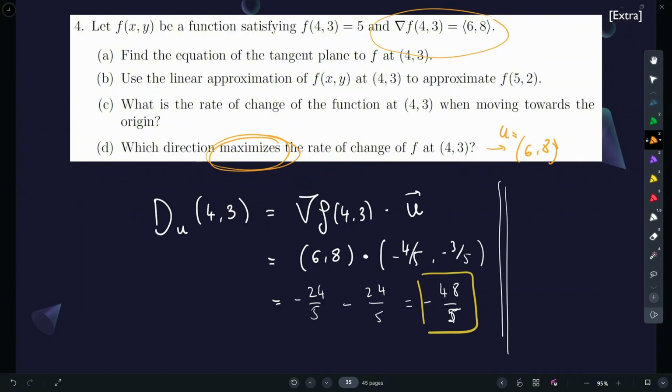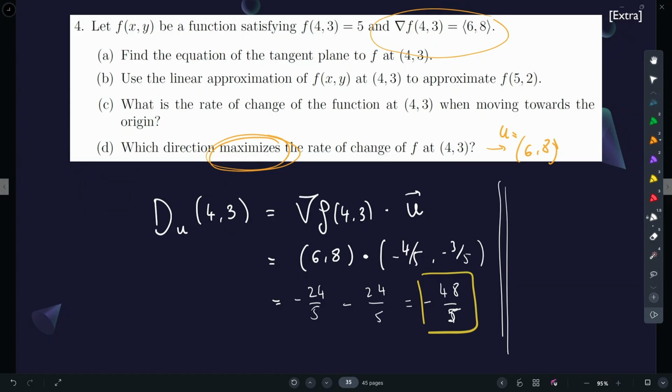They don't say give it to me in unit vector form, so it's just in the direction of the gradient. Since the gradient is (6, 8), towards (6, 8) maximizes. If you want to give it as a unit vector, you compute the length and divide by the length, so it will be this divided by the square root of the sum of the coordinates squared. It's the direction that maximizes the rate of growth in the function.